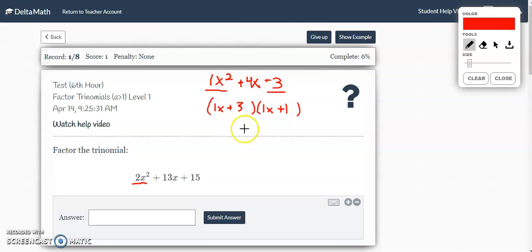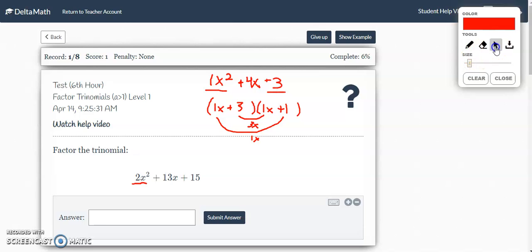So the big key here is if we've satisfied the x squared requirement, and we've satisfied that 3 times 1 is 3, here's kind of our focus. This is 3x, and this is 1x, and so the result of those, 3x plus 1x, is that middle term of 4x. And we're going to use that idea today to help us out.